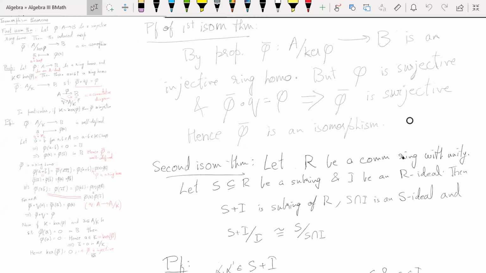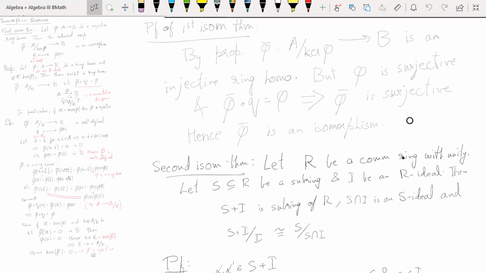And we saw that the kernel is precisely the ideal generated by x squared minus 2. So Q[x] mod the ideal generated by x squared minus 2 is isomorphic to the image, which is Q adjoin square root 2.